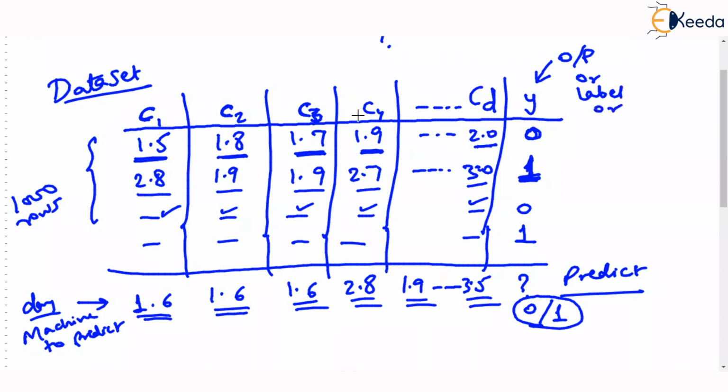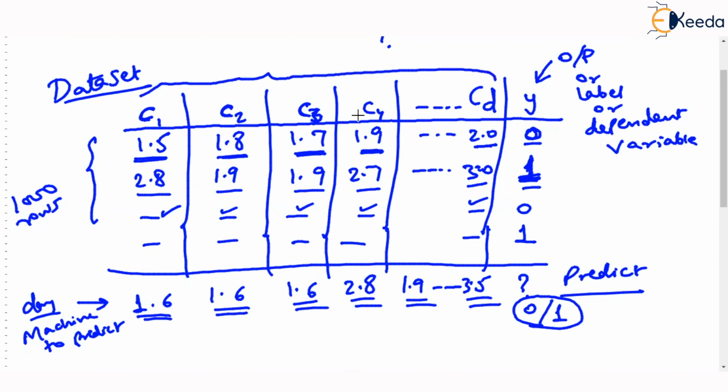This is also known as the dependent variable. This y is a variable because it can be 0 or 1, but it is known as a dependent variable because whether it will rain or not depends on these values of C1 to CD. Now these C1 to CD columns are known as features, or they're called dimensions.